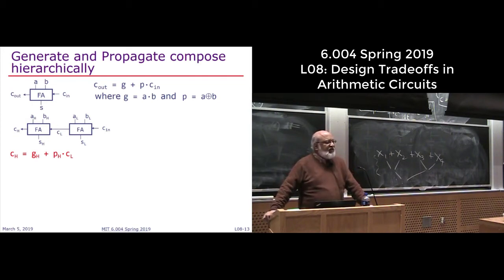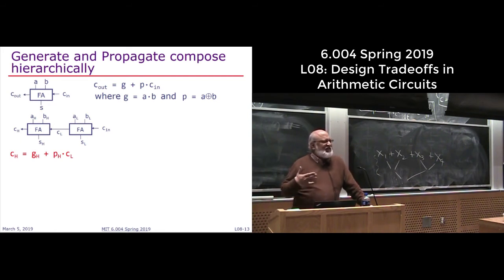Do you agree that the carry of the high bit is either the high part generates a carry, GH, or it propagates, so it has PH, and that matters only if CL coming in is 1?